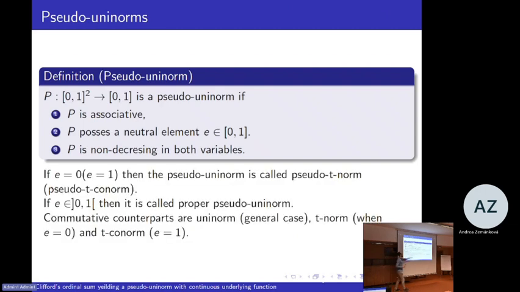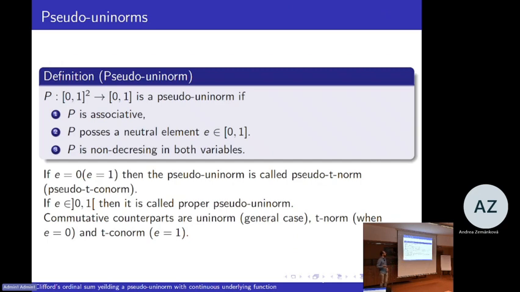We can also speak about the pseudo T-norm and pseudo T-conorm in the same sense, when the neutral element is the least or the highest. That's similar. However, we were more focused on the proper pseudo-uninorm, studying the uninorms where the neutral element is in the middle of the unit interval.